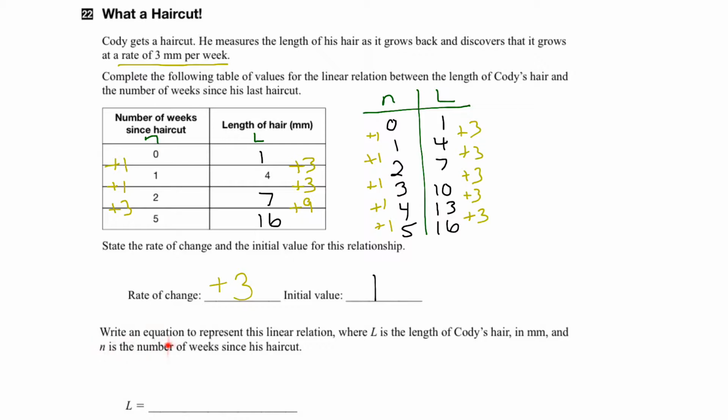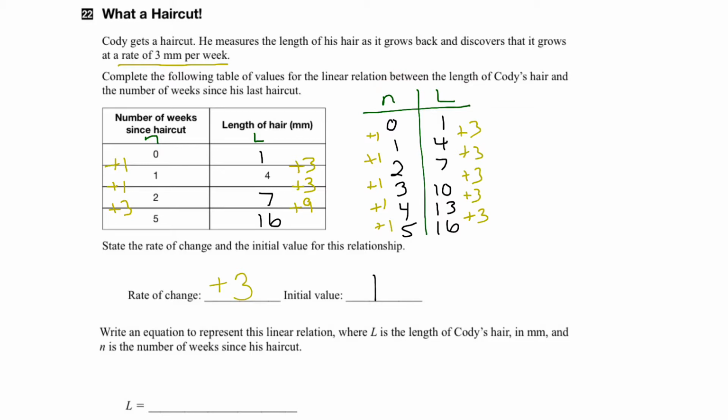Next, we have to write the linear equation that represents this relationship. Now, we have 2 variables, N and L, and what we have to determine is which one is dependent on the other. In this case, L is the dependent variable because the length of the hair depends on how many weeks have passed since the haircut.